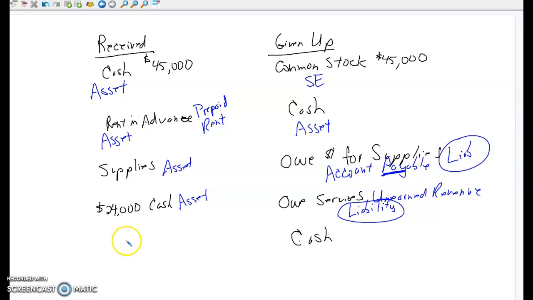And what did we receive? Well, we actually get a reduction in our accounts payable, right? Over here, our liability for accounts payable went up because we owed money. And here what we're getting is for that liability to go down. So we give up cash and we get a reduction in our accounts payable.